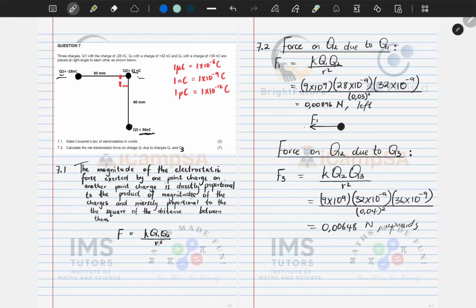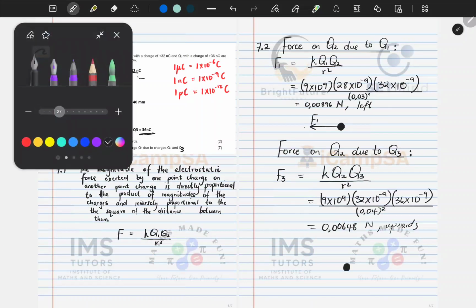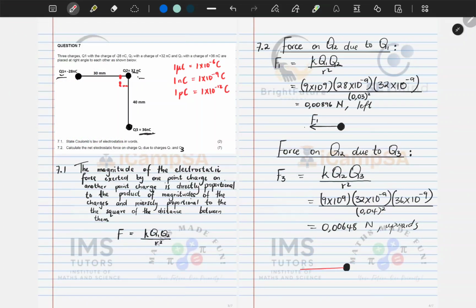Right, so now let us find the free body on Q2 so that we can determine our resultant. If this is Q2, right, due to Q1, we'll have a component of force going that way, right? The black dot is Q2, by the way. So let's call this F1.